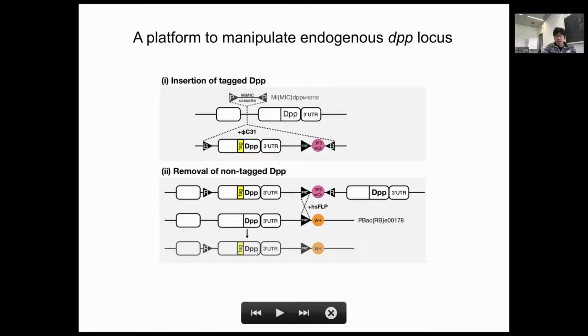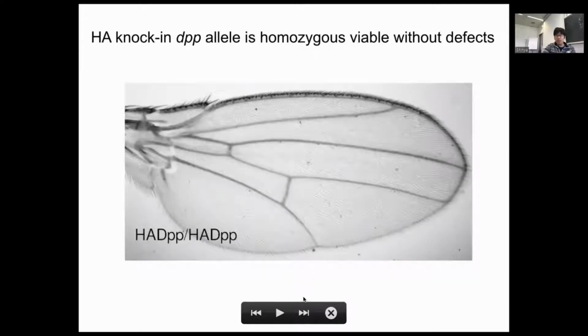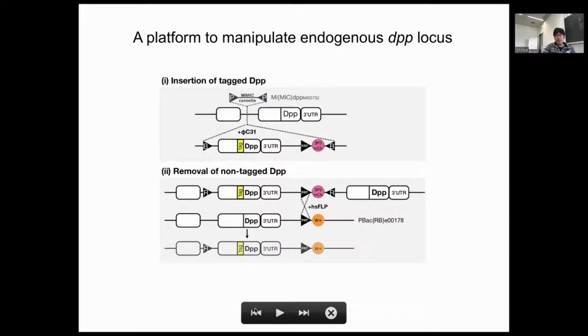So when I joined, we designed this scheme and we tried, and it took me about 1 year, but in the end, we succeeded in generating the HA tag knock-in DPP allele. By the way, I didn't introduce this much, but this HA tag, the small tag, is very important in the field, not only in developmental biology.